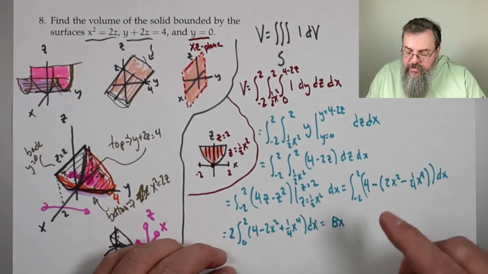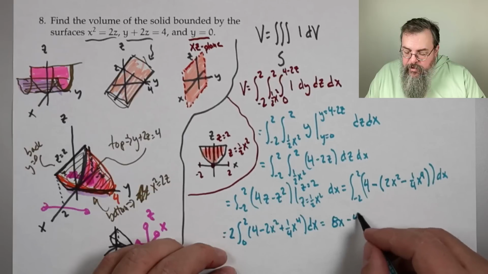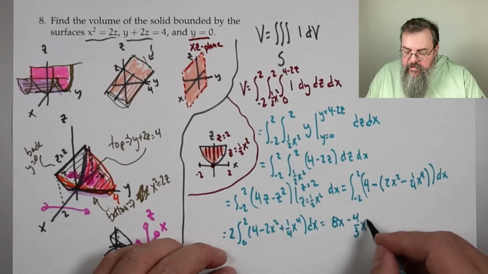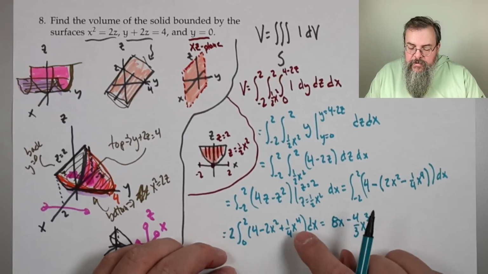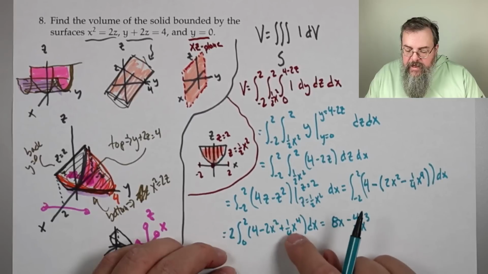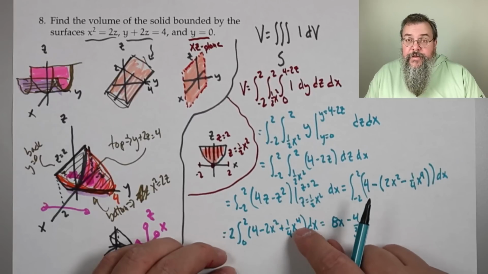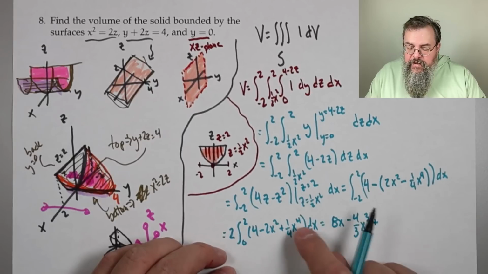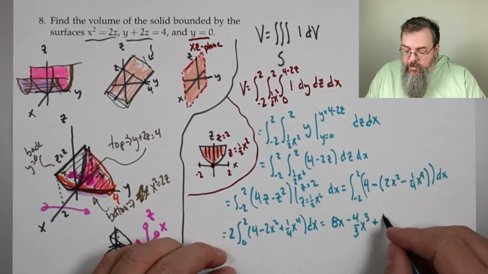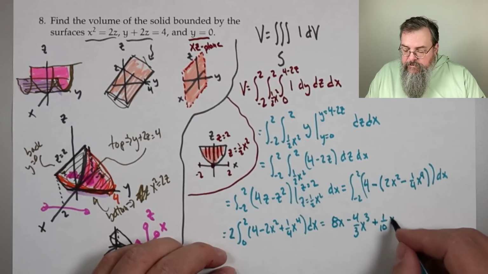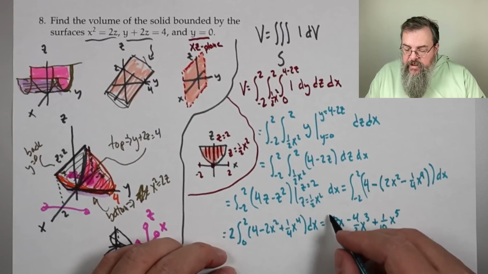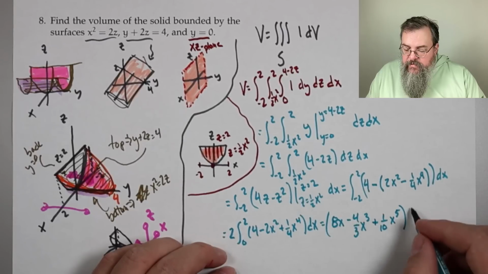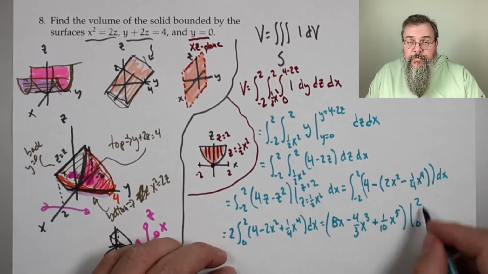Don't forget this other 2. So that becomes 4/3 x cubed. Integral of 2 times the 4th is 1/2. Integral of x to the 4th is x to the 5th. So put those together, because you're going to have to divide by 5. You'll end up with 1/10 x to the 5th. Okay, and then we're going to evaluate 0 to 2.